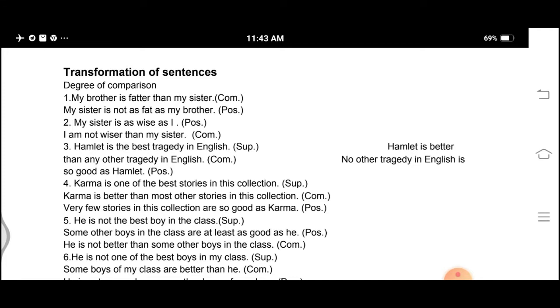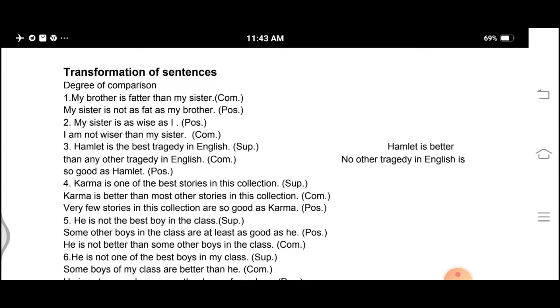At the time of using the superlative degree, we have to use the before that particular superlative degree adjective. Hope you will understand positive, comparative, and superlative.